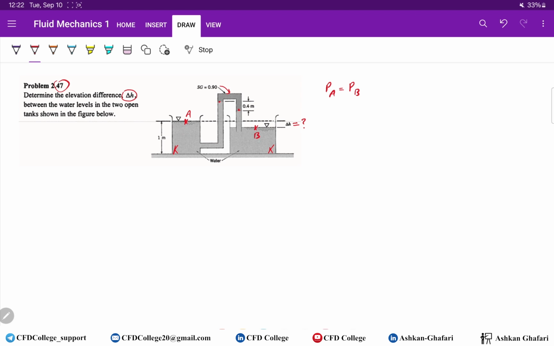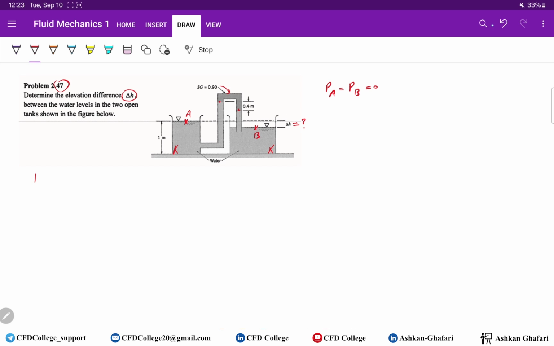Here is an open tank and here is another one, so PA equals PB equals 0 because we are working with gauge pressures. Okay, now let's start from point A and move towards point B. Let's see what we have in between.